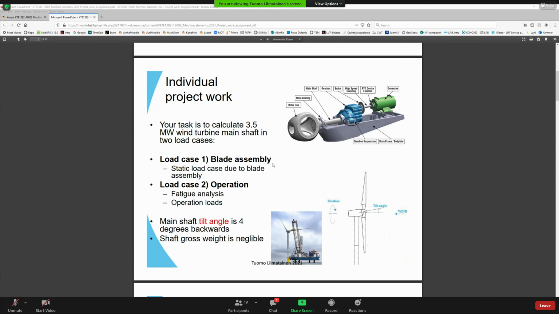For the previous exercise, we calculated the fatigue stress, and it includes the mean stress, so the mean of the variation affects the fatigue strength.